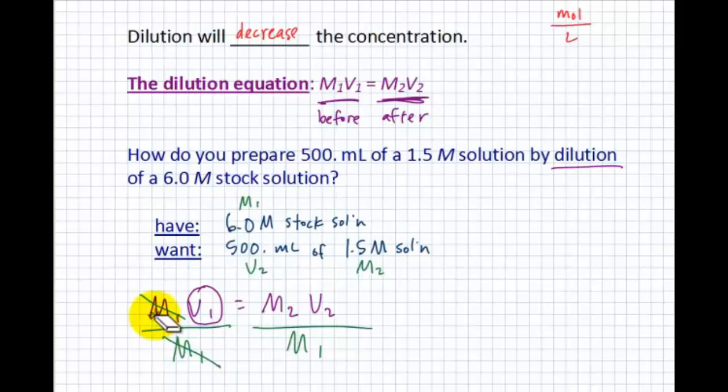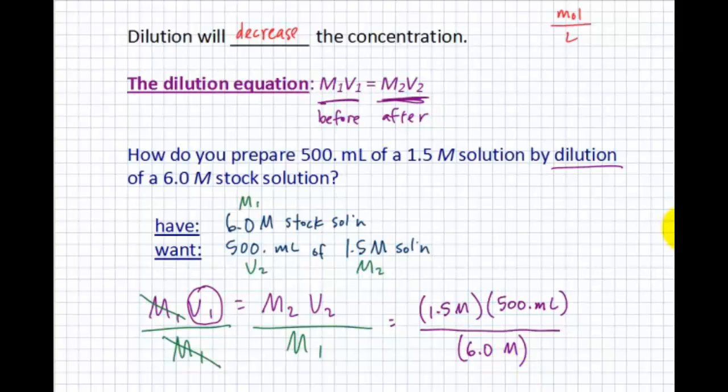So V1, the original volume, the volume of the 6 molar stock solution that I need, will be M2, 1.5 molar, times V2, 500 milliliters, divided by M1, 6.0 molar.